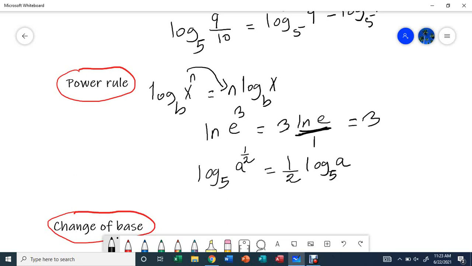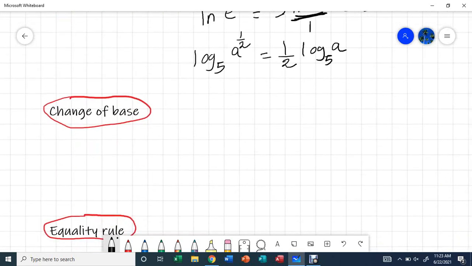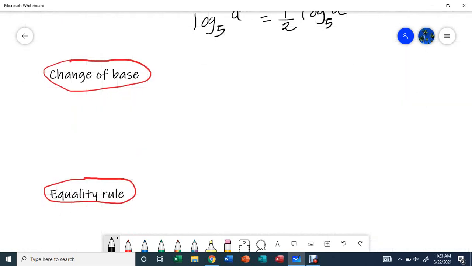Okay, so now let's see the rule of changing the base. The formula is: log base b of m, you want to change it to any log base you want. So log a of m divided by log a of b, the same log you choose.